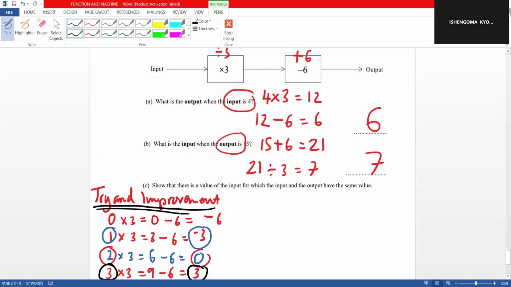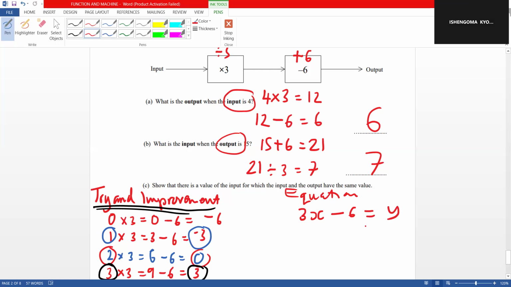However, we can use equation. Remember, we say input is x. So if my input is x, using equation, first I do x times 3. So my equation will be x multiplied by 3, and then minus 6, then I should get my output.